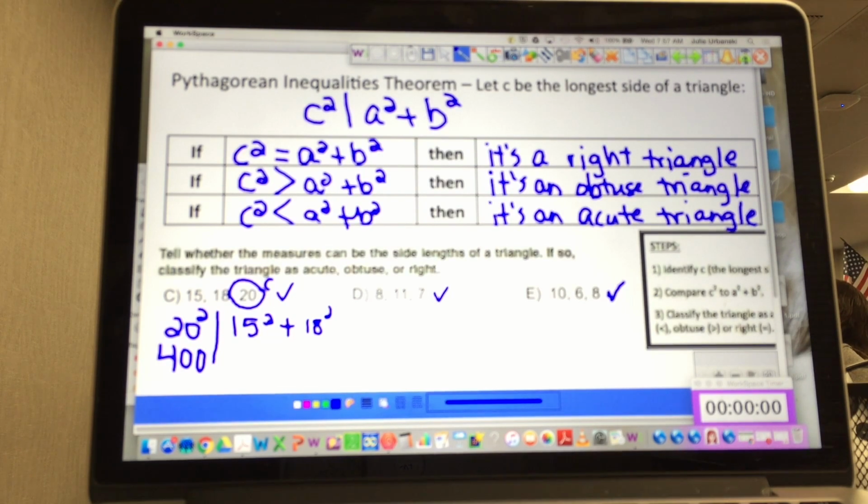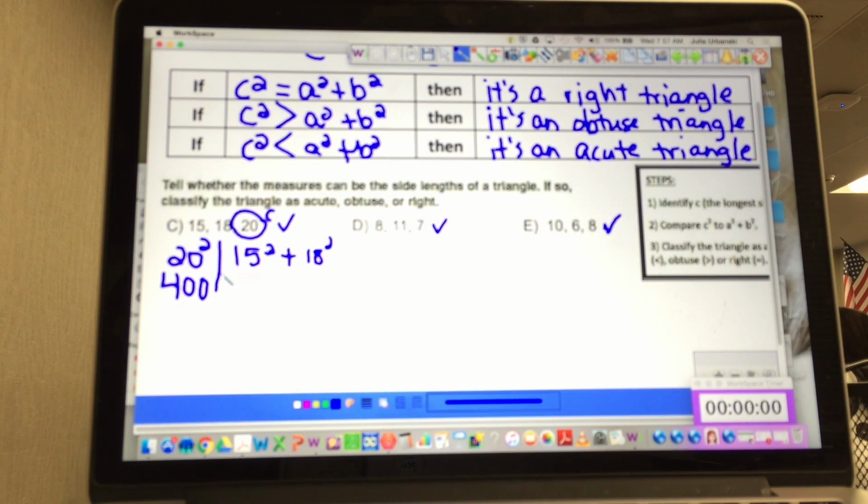Please go ahead on your calculator, figure out 15 squared plus 18 squared, and let's see what we get. I know this is 225, and then I think that one's 324, but what are you getting? 549. 549, excellent.